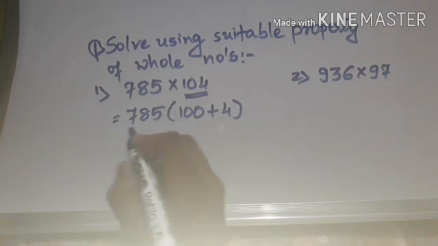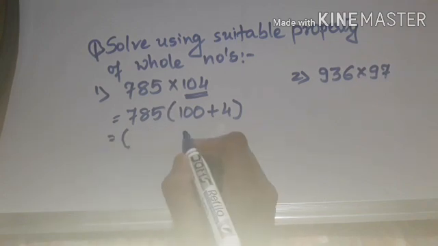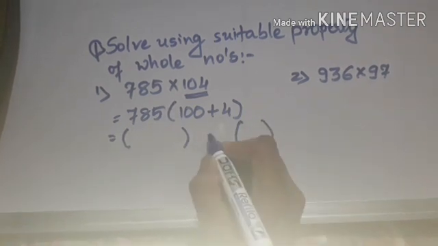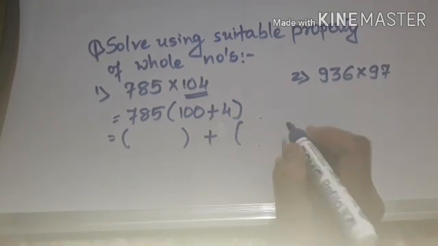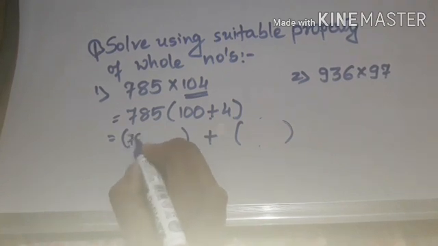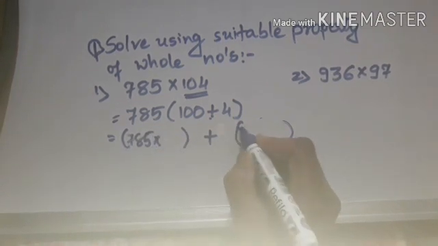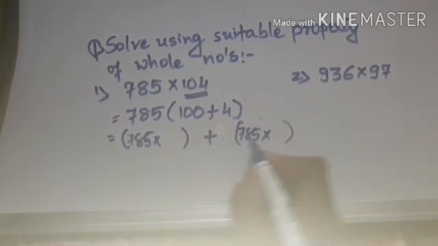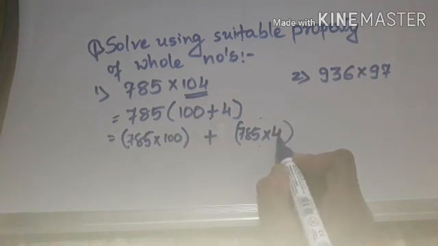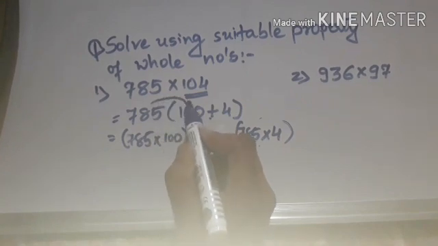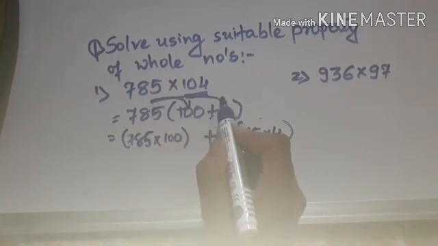First of all, write two brackets and the plus sign in between. Write 785 multiply by, then the first term 100 and 4 here. That is 785 into 100 and 785 into 4.